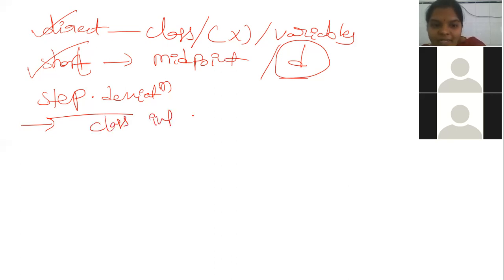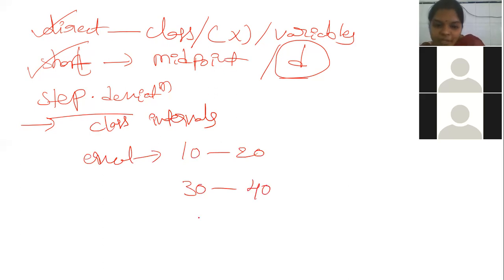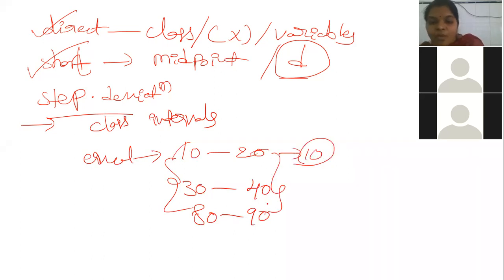Class intervals, right? So if you have an equal class interval, that will be 10 to 20, or 30 to 40, or 80 to 90. What is an equal class interval? Seema, what about the difference between these two, lowest limit and highest limit? It will be around 10. So here we have equal class intervals, right? See here, the difference will be 10.